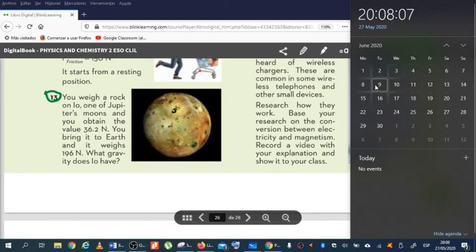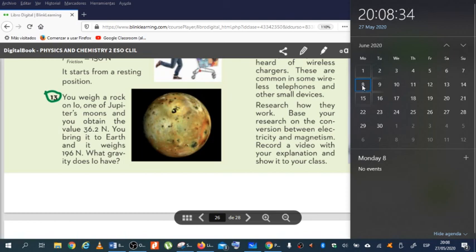So let's think, for example, that on the 8th of June, we will have an activity for assessing, evaluating forces, okay? Only forces.